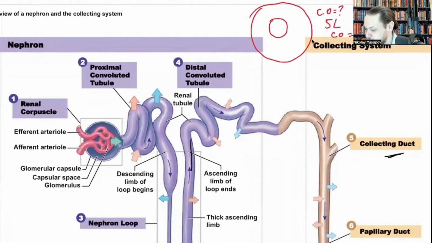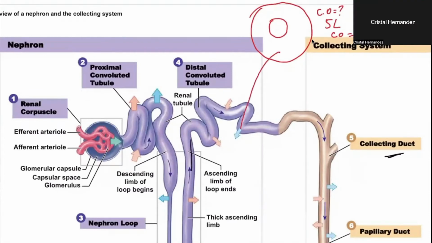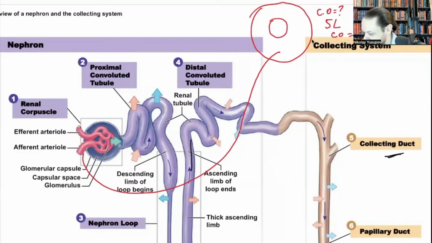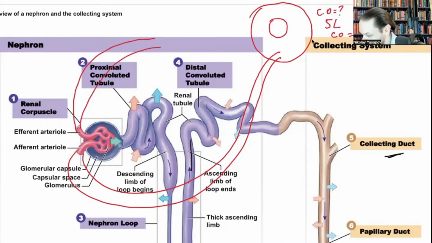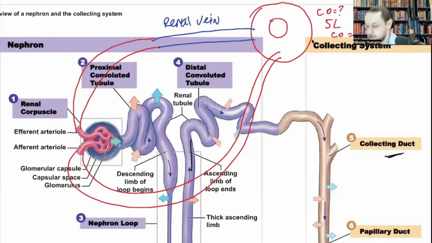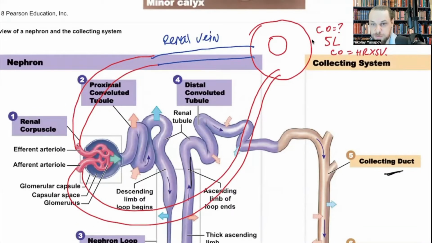And we're going to say, from your major circulation, we have the arteries that are bringing blood to your kidneys. That comes in through the afferent arteriole, then it's going to leave through the efferent arteriole, and then it's going to become a renal vein, and the renal vein is going to come back to the circulation. So so far we have established cardiac output is about 5 liters. We see the flow to the kidneys and then back to the circulatory system. Now, how much percentage out of that 5 liters is going to the kidneys every minute?